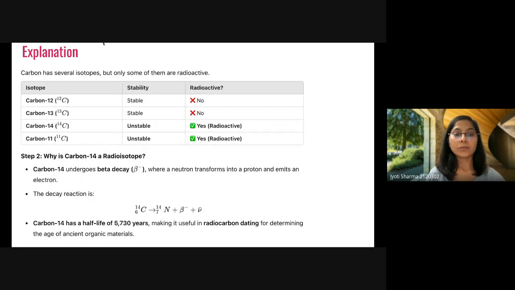If we see here, carbon 12 and 13 are very much stable, so these are not radioactive, but 14 and 11 are unstable. So we can say these are radioactive. But this 14 undergoes beta decay, where a neutron transforms into a proton and also emits an electron, and this is how we can show this decay.